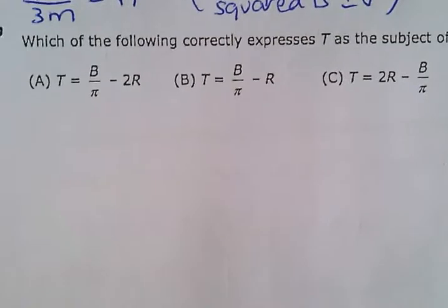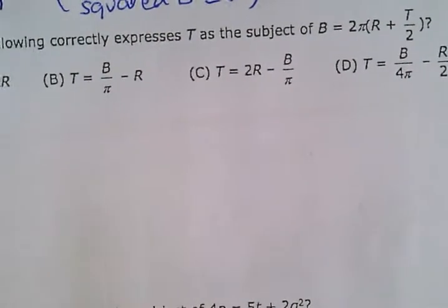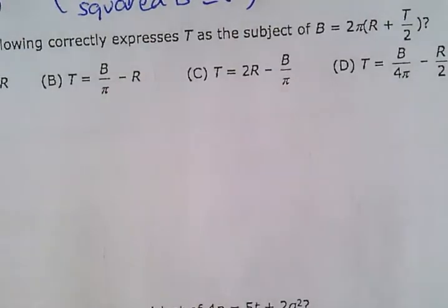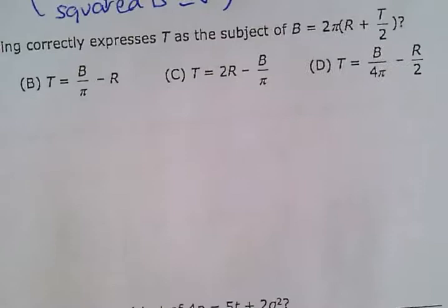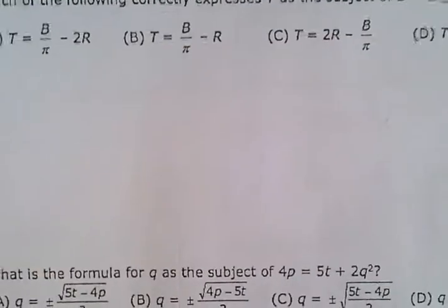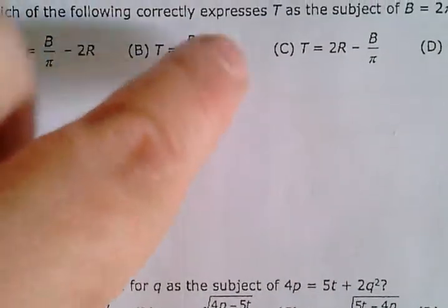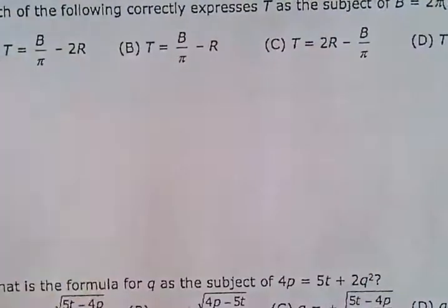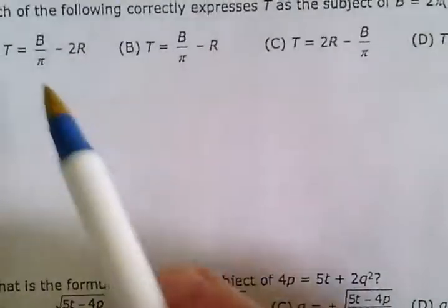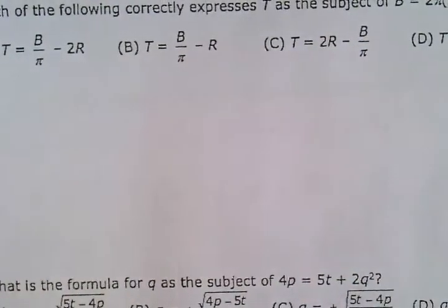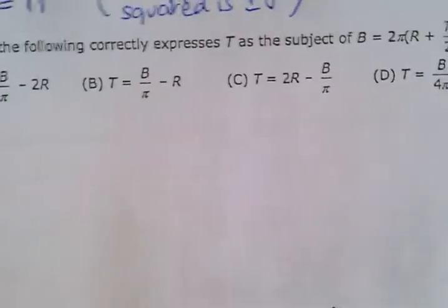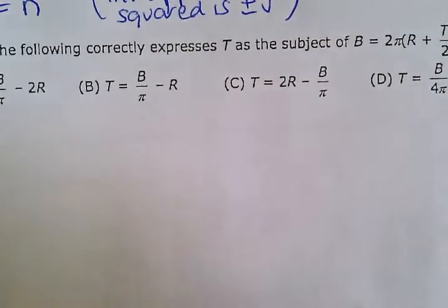Which of the following correctly expresses t as the subject? Now, you know how before I made you multiply through? This time I'm not going to make you multiply through. You know why? Look at all the answers, how the fractions are separated from the whole numbers. I'm not going to make you multiply through by 2 pi.